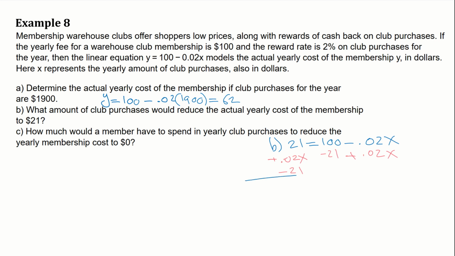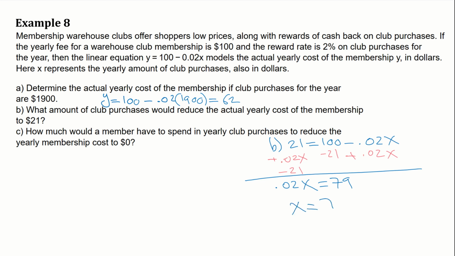Okay, so now we have 0.02x on this side, positive, and 100 minus 21, which is what? Let's see, 100 minus 20 is 80, so 79, right? Now we just go ahead and divide both sides by 0.02.